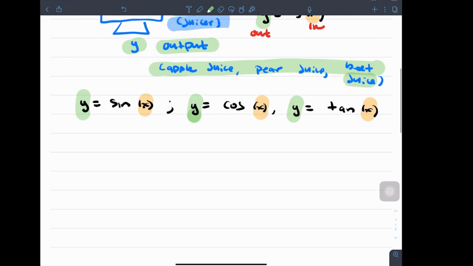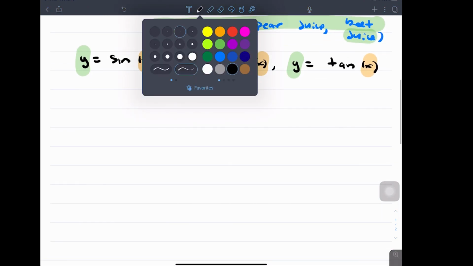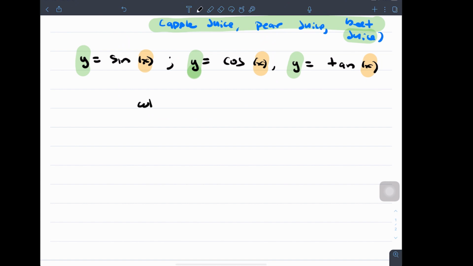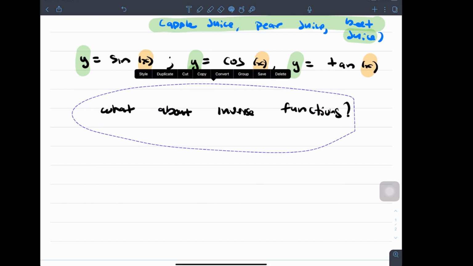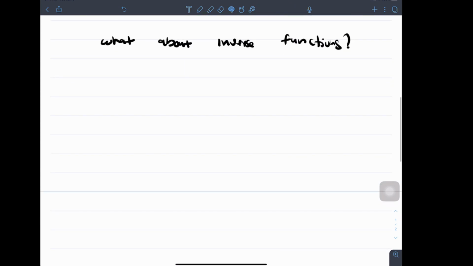Now, this whole idea, and you say, well, what about this inverse function now, right? Because I have to introduce this to you guys. What about inverse functions? You say, what in the world are those? Well, I'd said, think of it as what?